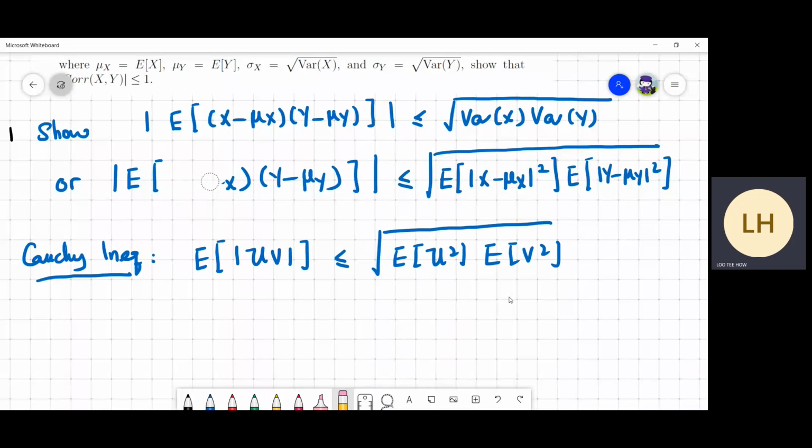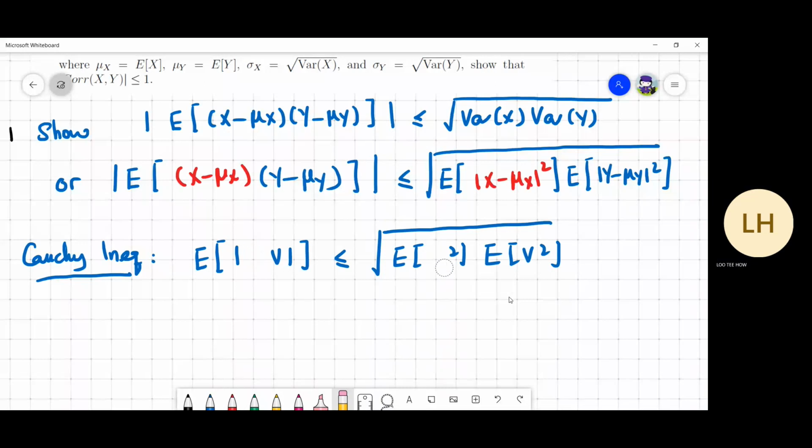So what we need to do is change the color here, and I think you will get the picture clearly. Let's say we are replacing this with a red color. So this would be x minus mu x squared. So that means we're going to have this, u squared. Okay, there's no square here.